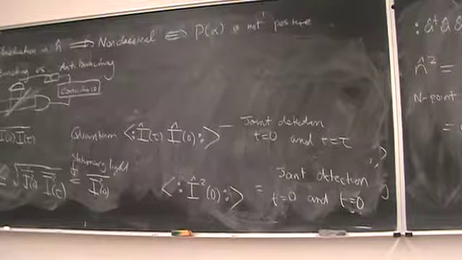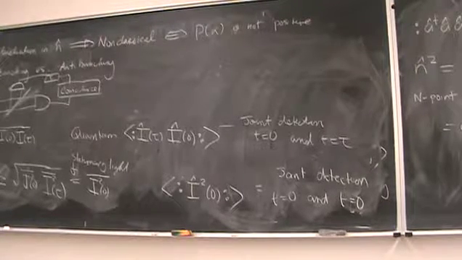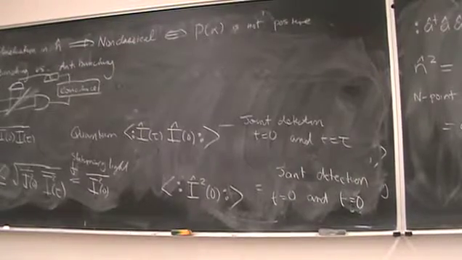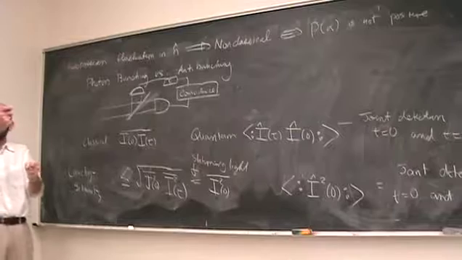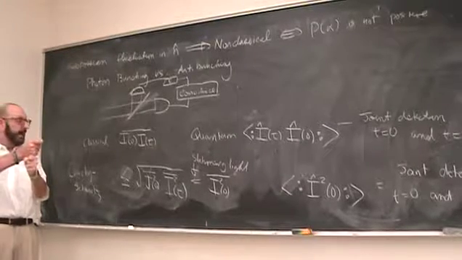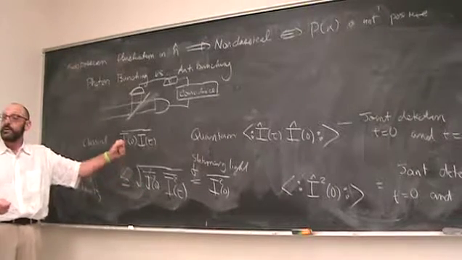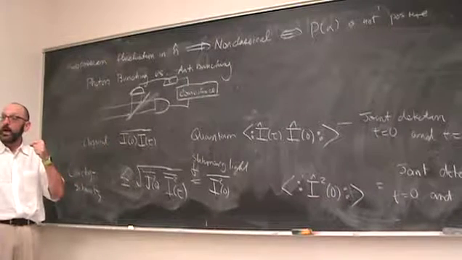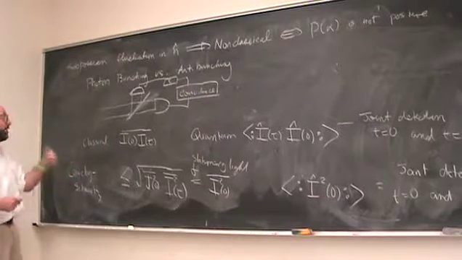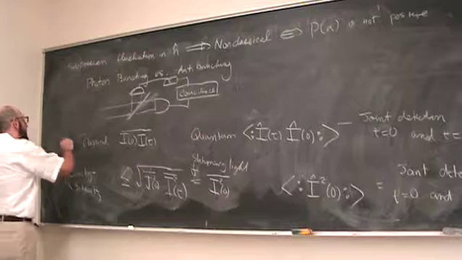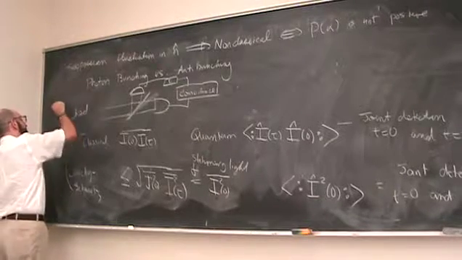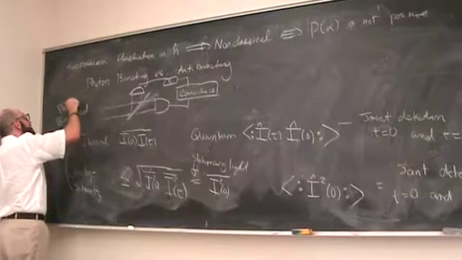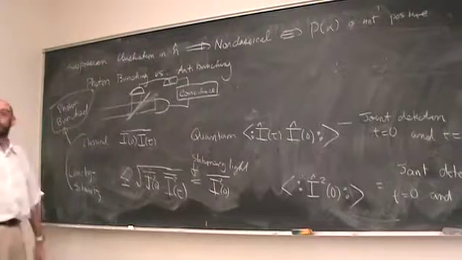So if the light is classical, then it must be the case that the chance, the rate at which they come together is always bigger than the rate at which they come apart. So classical light is what we call bunched. The photons are bunched together. They're clumped.